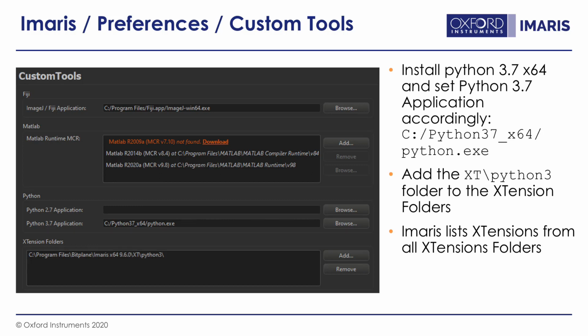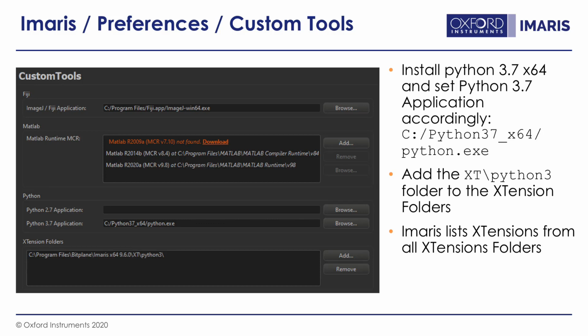And in the bottom part, the extensions folders, you specify the XT Python 3 subfolder of the Imaris installation. So C:\Program Files\Bitplane\Imaris 9.6.0\XT\python3.